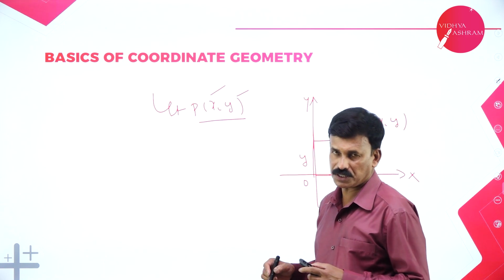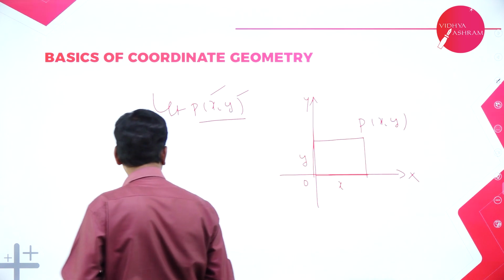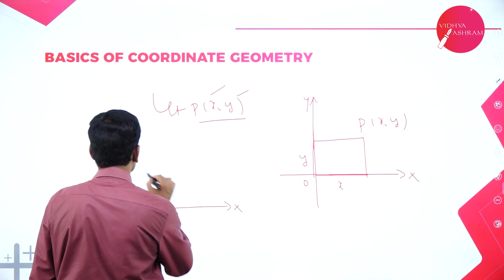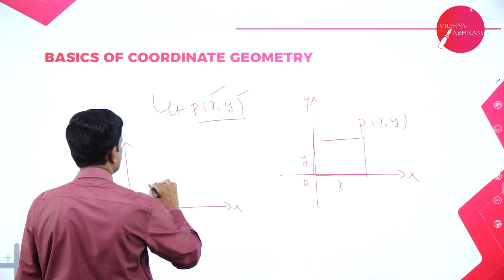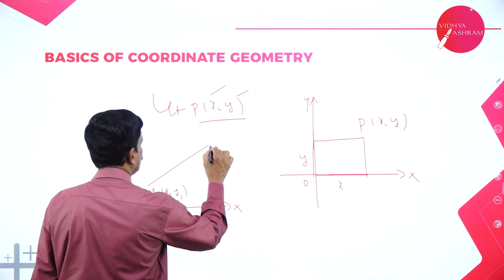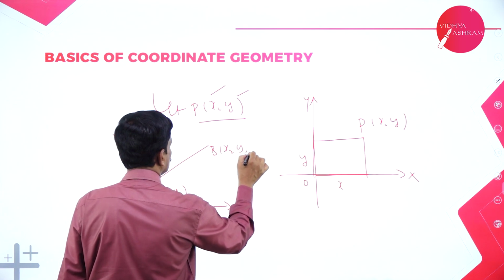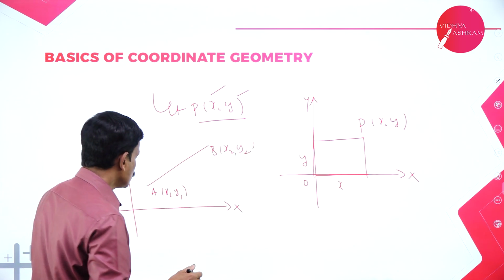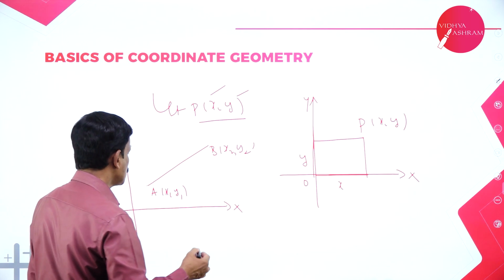Now you might have studied, suppose this is x axis and y axis. Suppose a line passes through points A(x1, y1) and B(x2, y2), then the distance from A to B is determined by the distance formula.